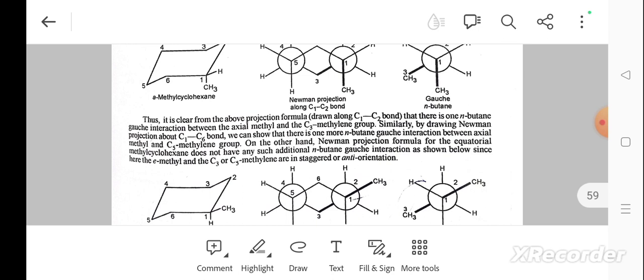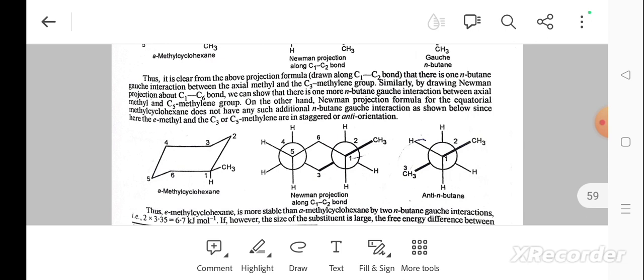Similarly, by drawing the n-butane projection about the C1 and C6 bond, we can see the additional methyl gauche interaction, as shown below.